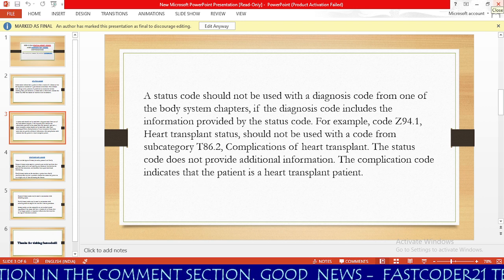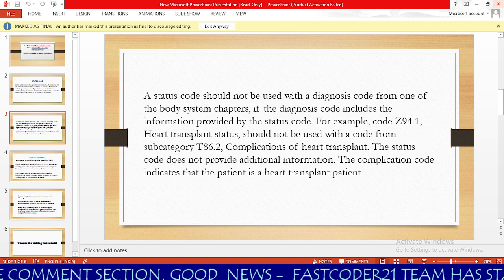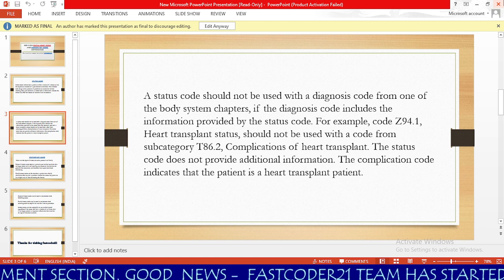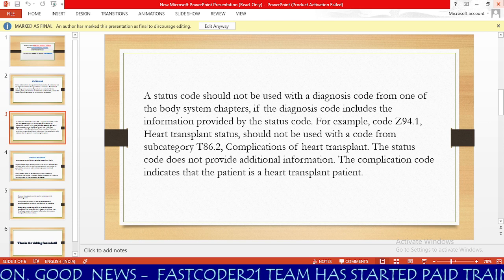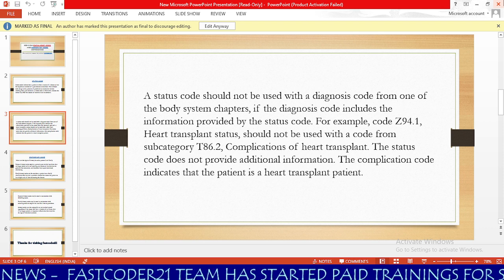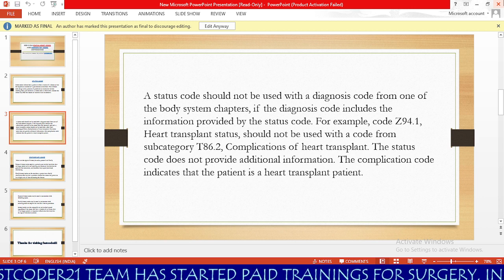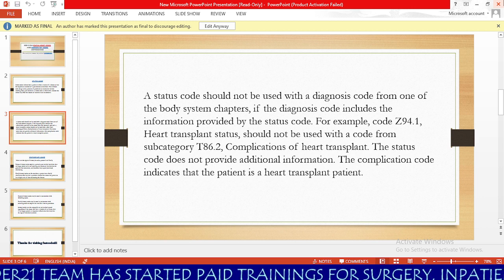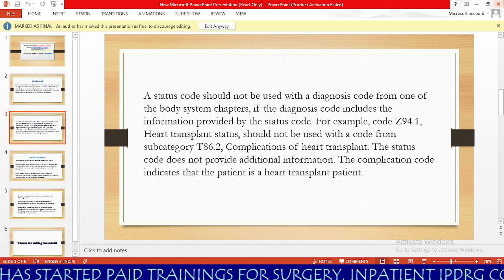So what are the common status codes? We have Z14 genetic carrier. We have Z15, which we use for genetic susceptibility to disease, and we have Z16 resistance to antimicrobial drugs, Z17 estrogen receptor status, Z18 retained foreign body fragments, and Z19 hormone sensitivity malignancy status.